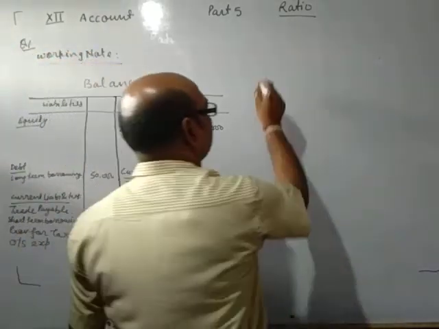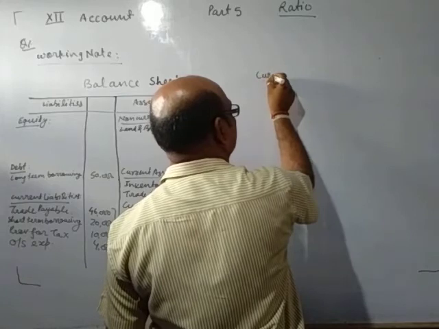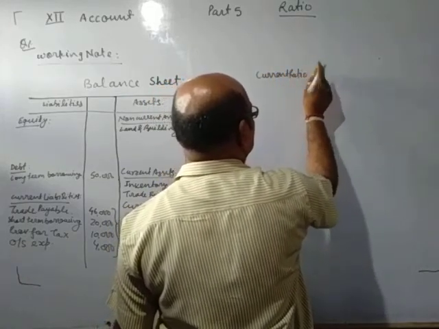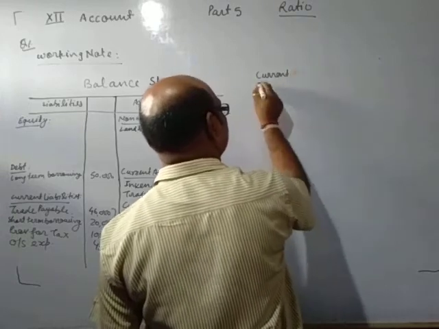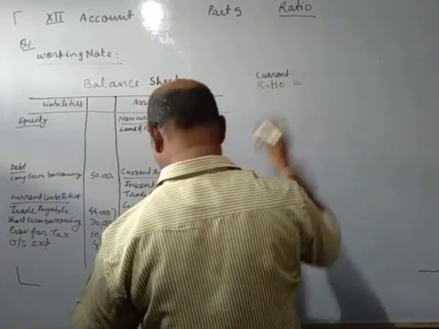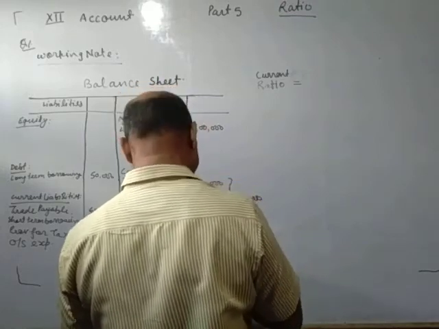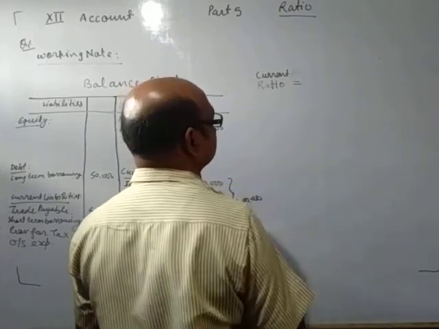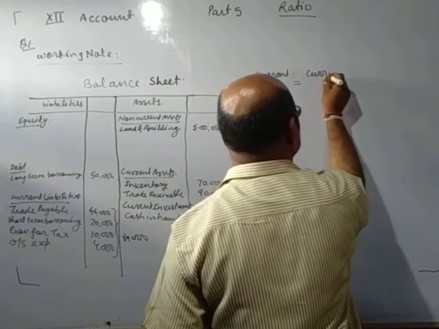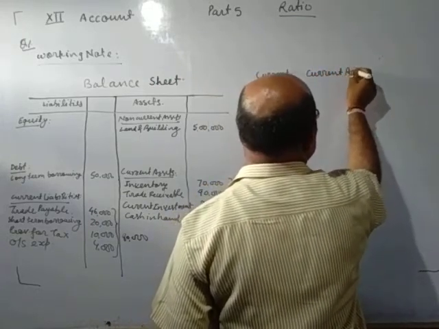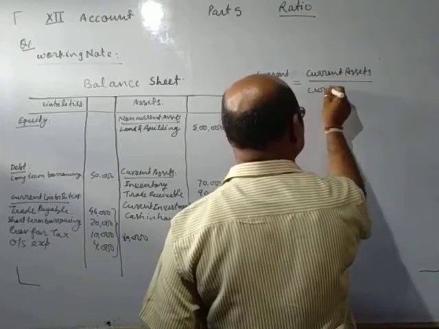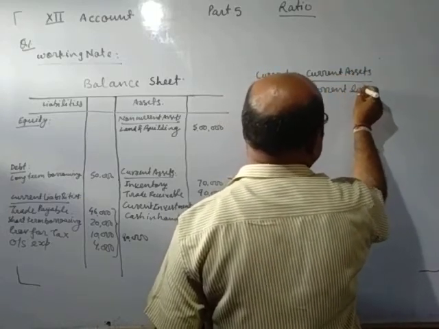Now you will write the current ratio. Current ratio equals current assets upon current liabilities.